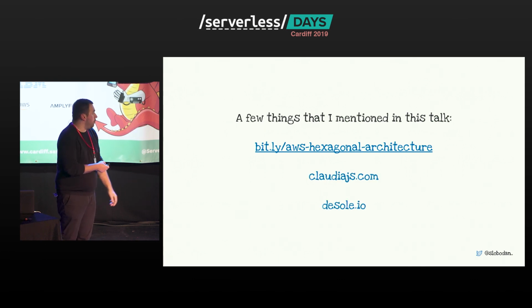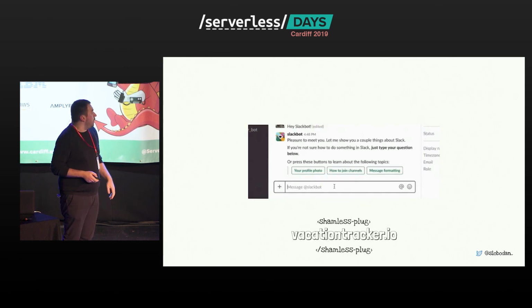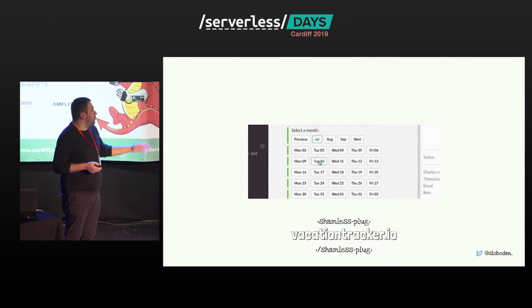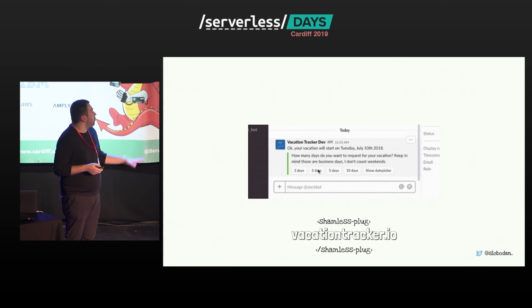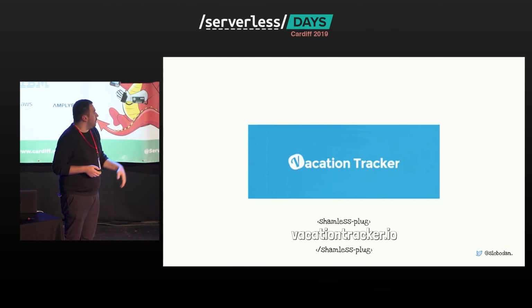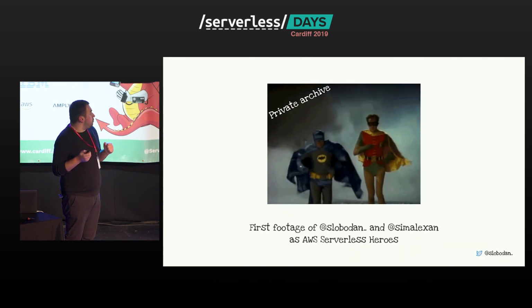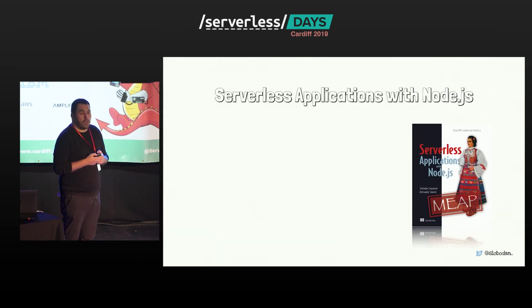Claudia.js is our deployment tool, and Désolé is the application that I showed for front-end error tracking. And this is a tool that we're building with serverless. It's not really related to this talk, but we're using hexagonal architecture to test that in isolation with Slack and everything.